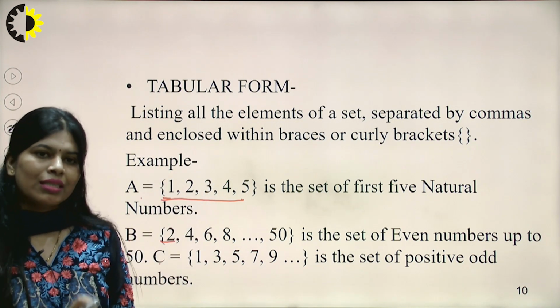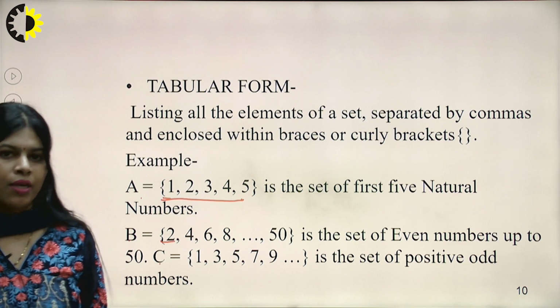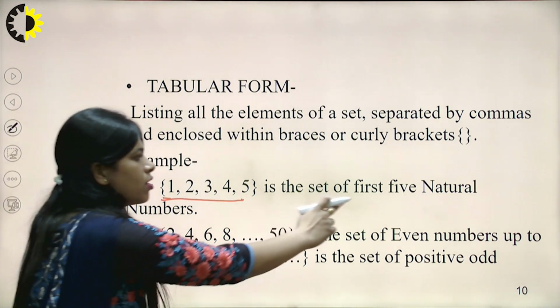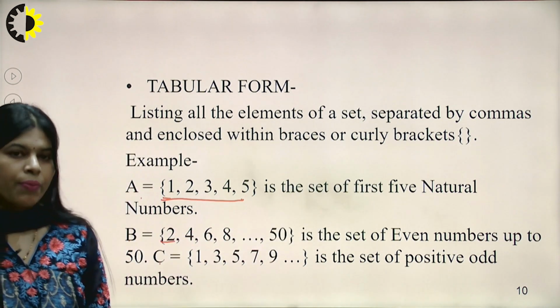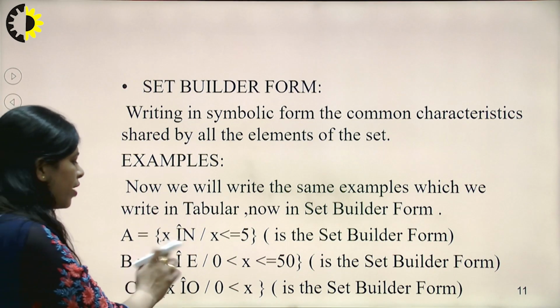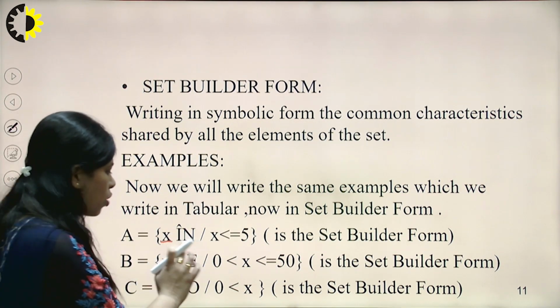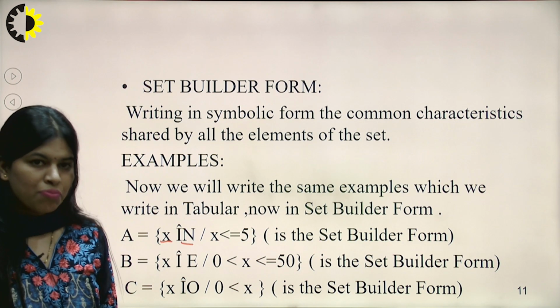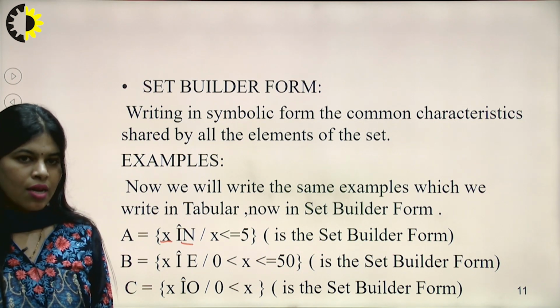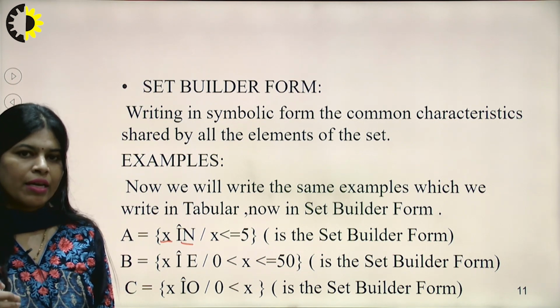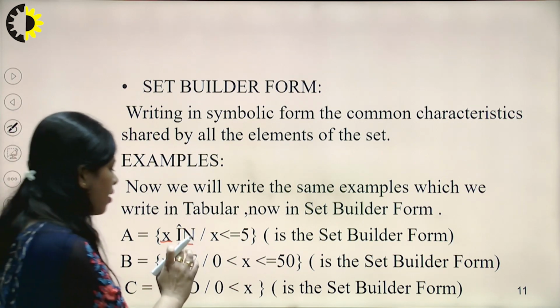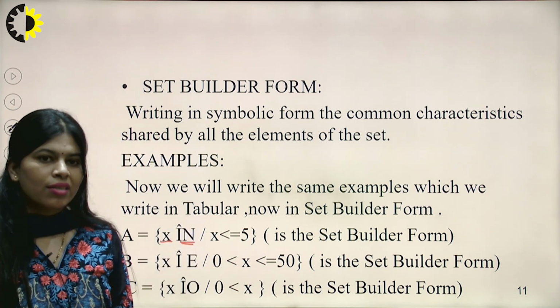Now how is this set represented in set builder? We may consider the first 5 natural numbers. So we may take x as a variable which belongs to N, natural numbers, meaning x is a variable and it carries the elements which should be supported by natural numbers. So what is the condition?